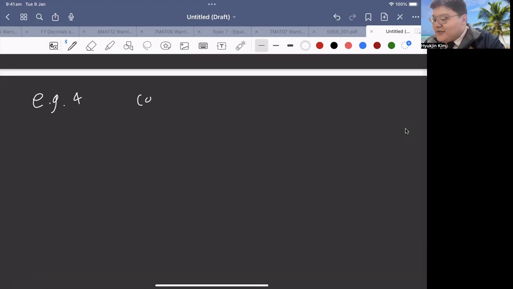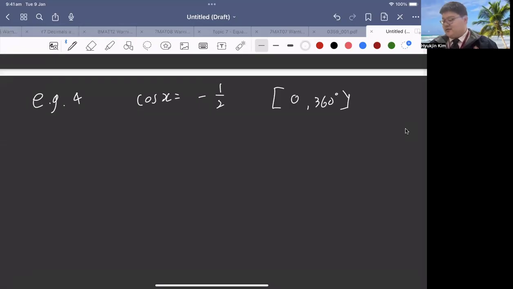Anyhow, cos of x equals negative 1 on 2. Probably should have written the question down first before asking you guys to pause. If you guys want to have a go, I'll write down the domain now. Now pause. Unpaused or didn't pause in the first place. Have a go. I'm going to show you guys how I would do this.